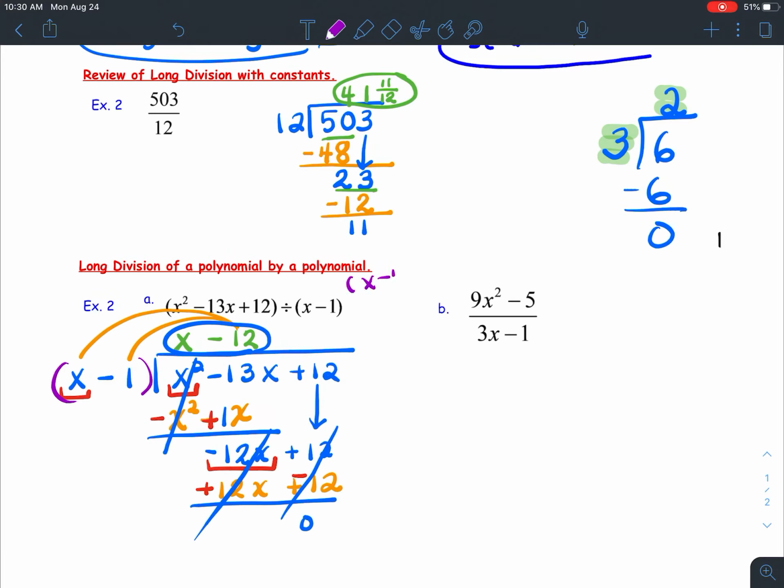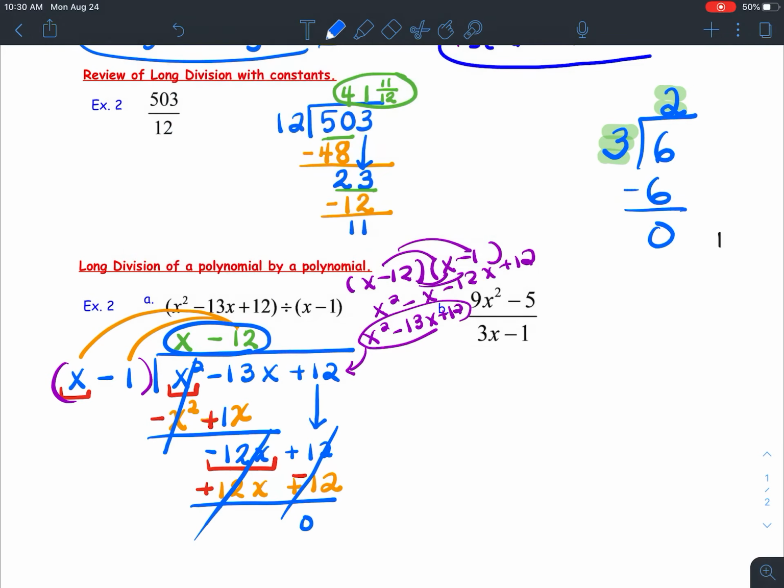So if I use that same logic, then this is saying my answer of x minus 12, when multiplied by my divisor of x minus 1, if I were to FOIL these out, x squared minus x minus 12x plus 12, it looks like what I end up getting is that same original thing that I had underneath the division bar, okay?